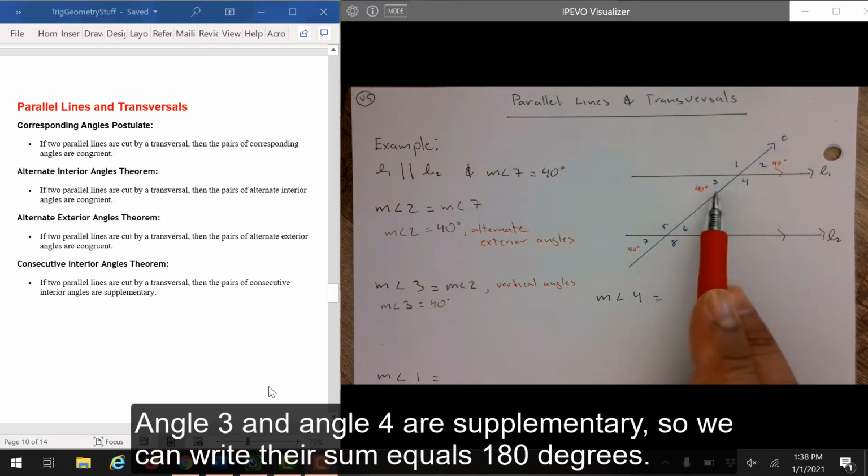Angle 3 and angle 4 are supplementary, so we can write their sum equals 180 degrees.